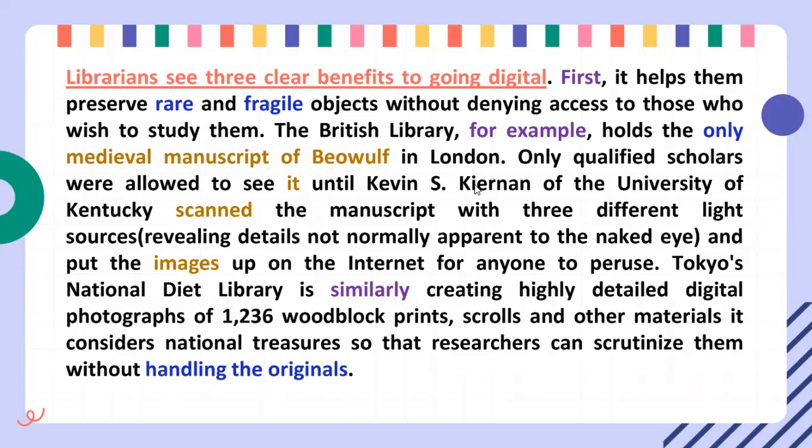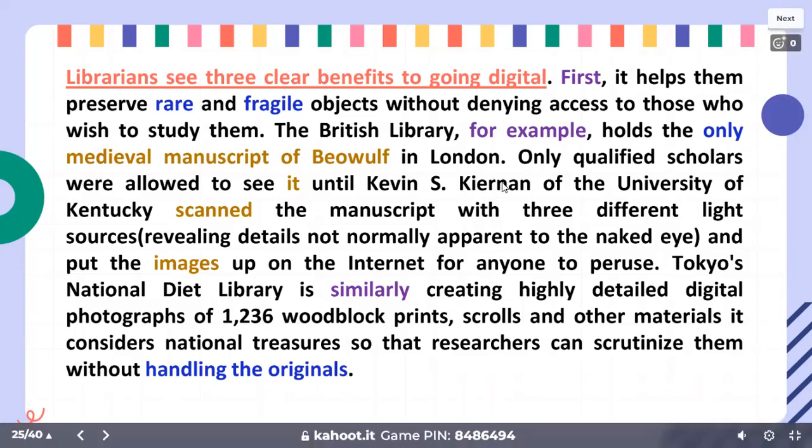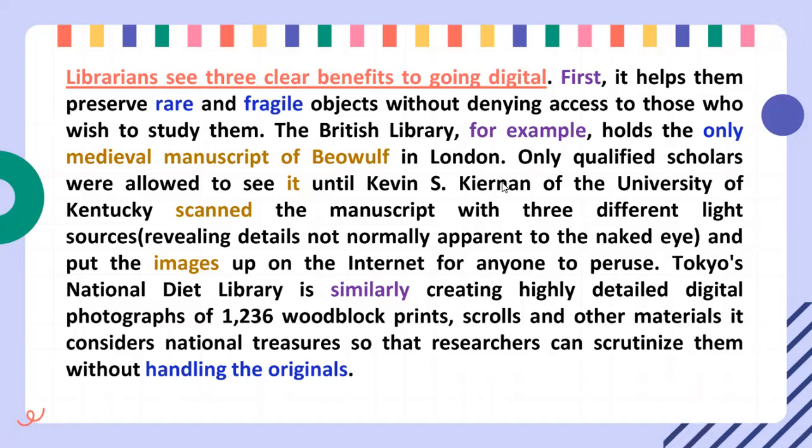Okay, is there anyone who can tell me the main idea? Yes, go ahead. The benefit of digital libraries. Okay, the benefit of going digital. How many benefits are there? Three benefits. I will give you 1 million dirhams if you tell me what these three benefits are.